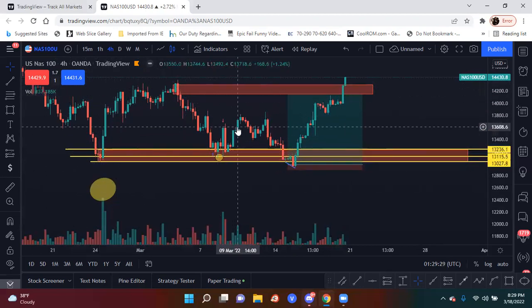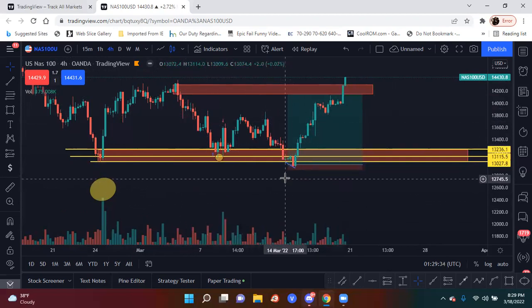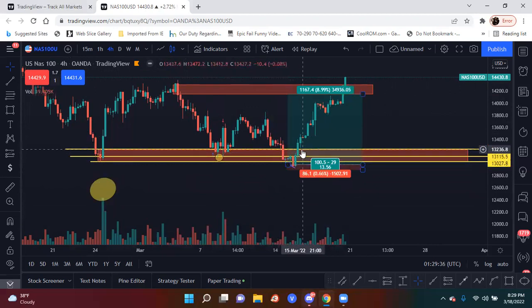And I didn't take this one because I just wasn't taking it. But now that I understand smart money, I took this on a smaller account with NAS 100 mini, obviously.